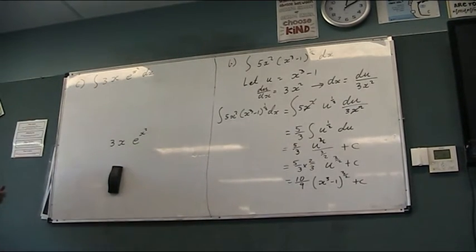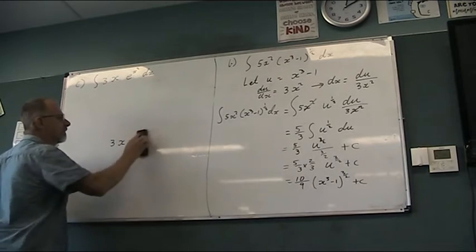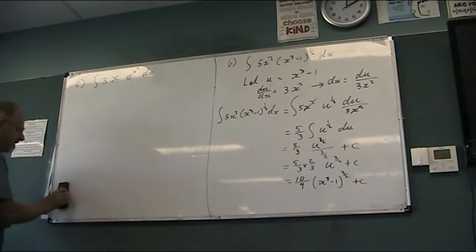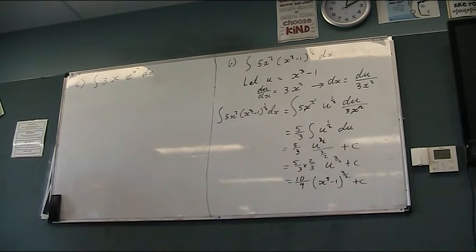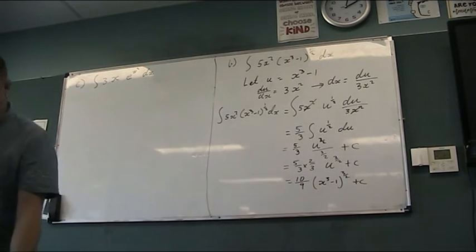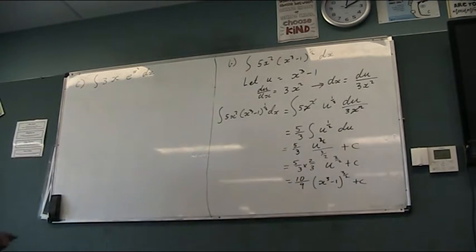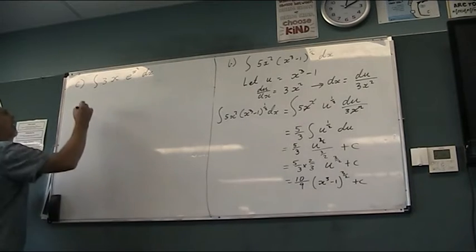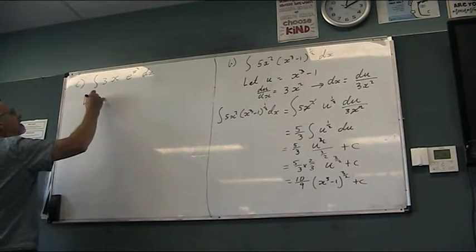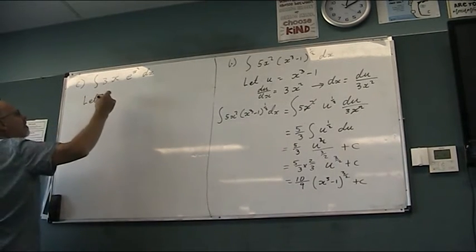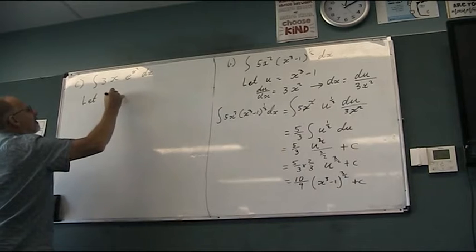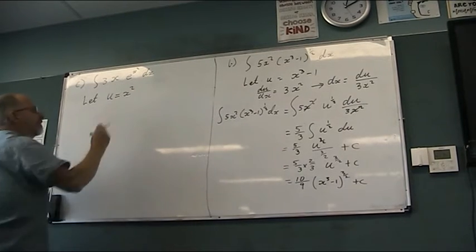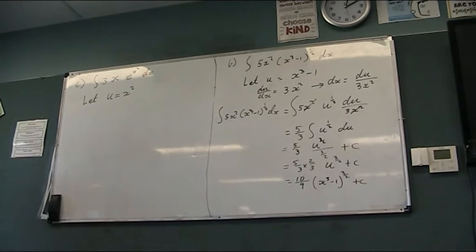So again, you kind of say to ourselves in this case, all right, which is the most complicated bit? e to the x squared is the most complicated bit. So what I'm going to do is make that bit less complicated. And so if I let u equal x squared, for example, that's then going to be less complicated.